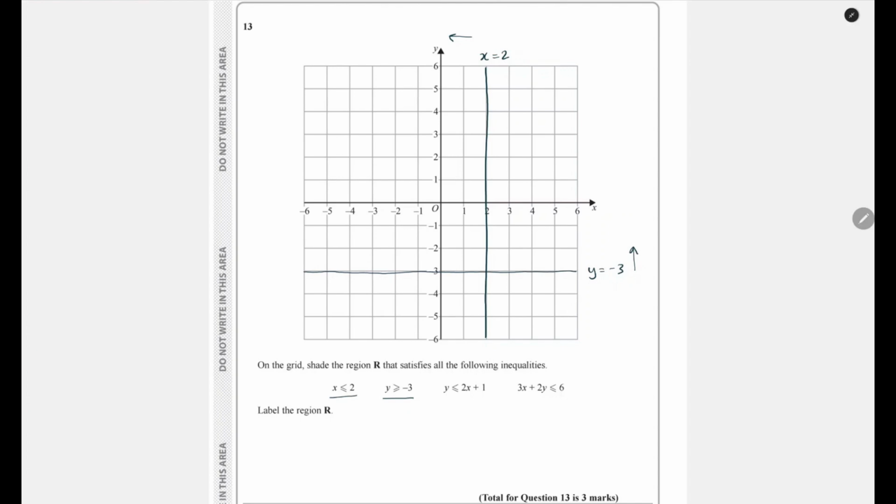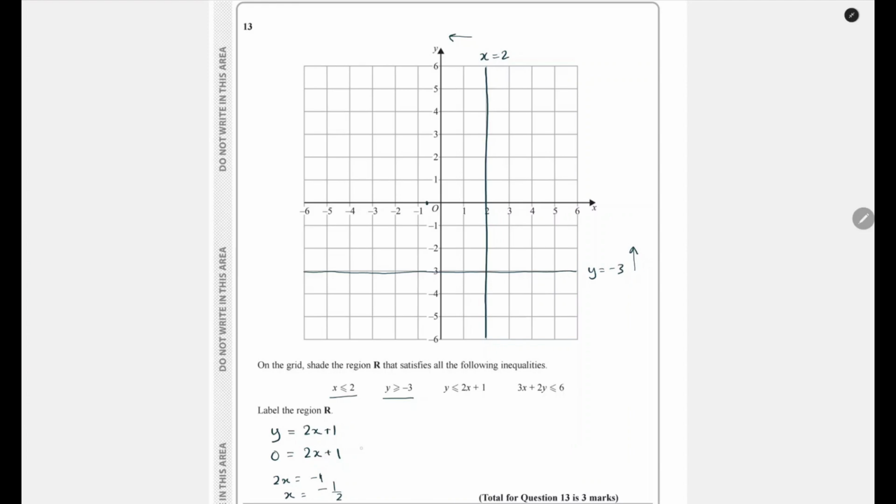The next one says y is equal to or less than 2x plus 1. And so we're going to do some quick calculations here. We're going to say y is equal to 2x plus 1. If y equals 0, what does x equal? Well, we take the 1 to the other side. That becomes 2x is equal to -1. And therefore x is equal to -1/2. So x equals -1/2 when y equals 0.